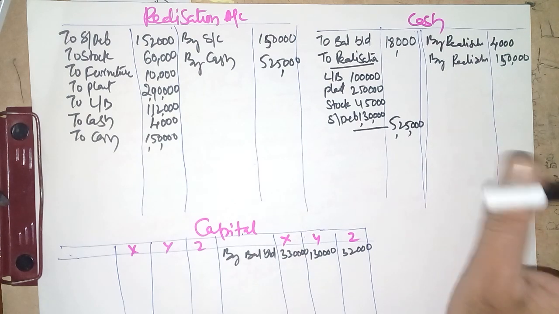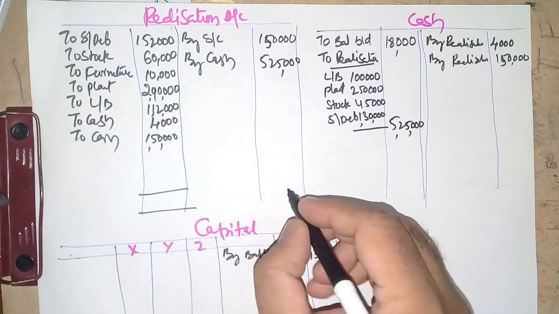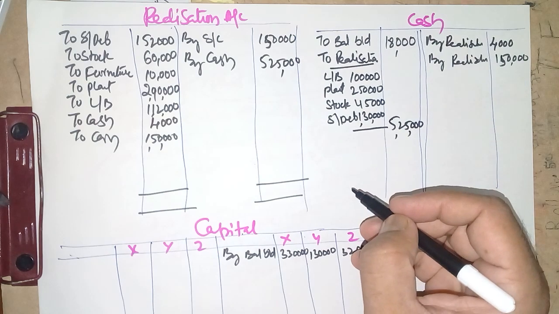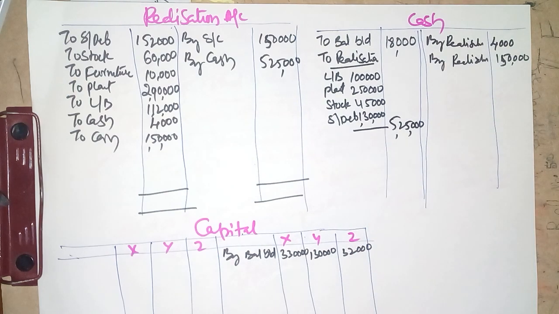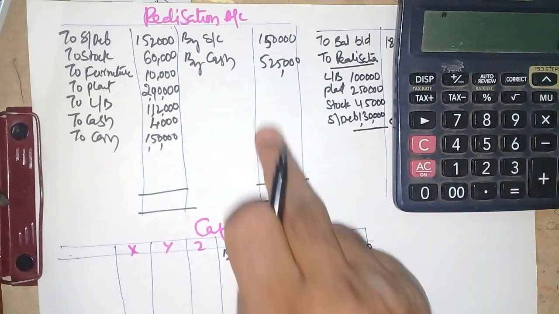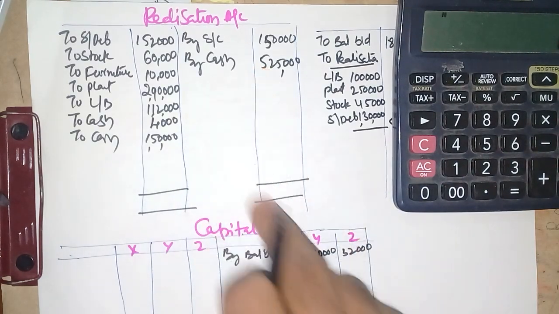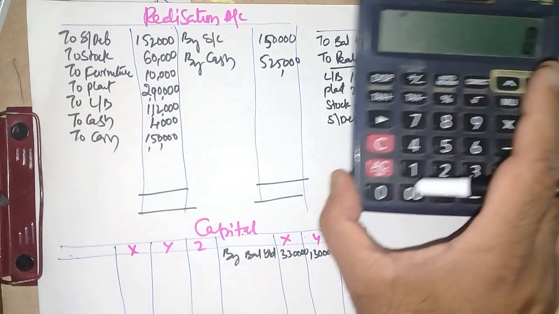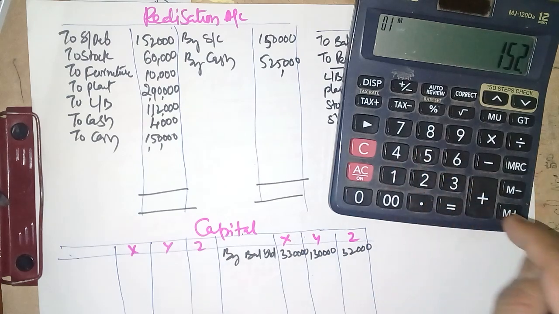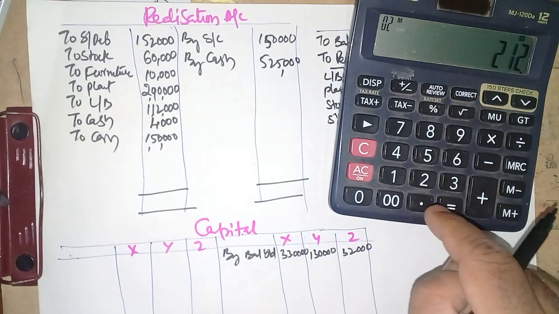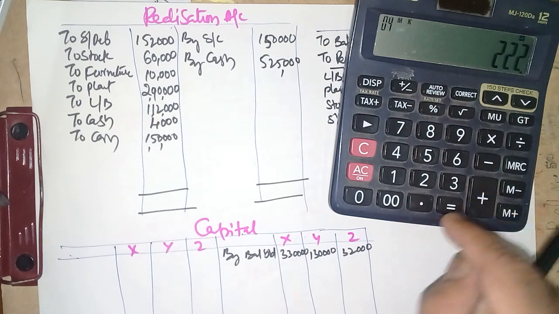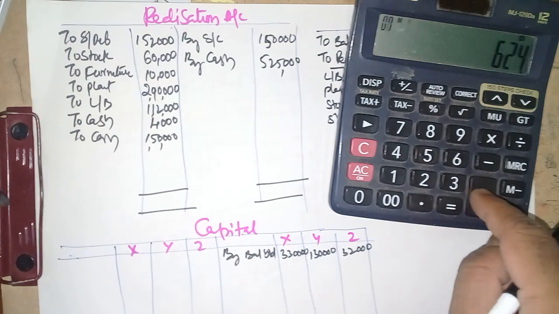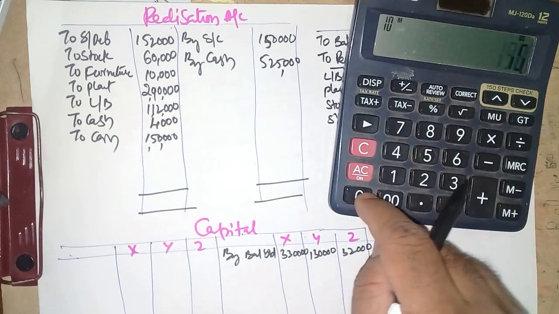The first step is to close the realization account and find out the profit or loss on realization, right? So make the summation of the credit side, 5,75,000 it seems. Now we will do the debit summation, then we will find out how much. So 152 plus 60 plus 10 plus 290 plus 112 plus 4 plus 150.